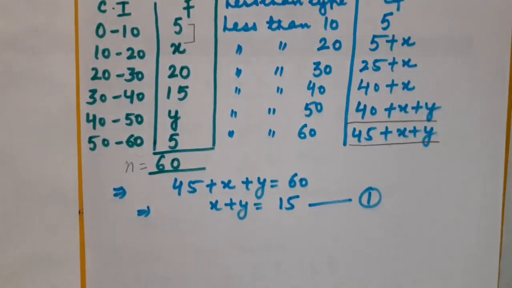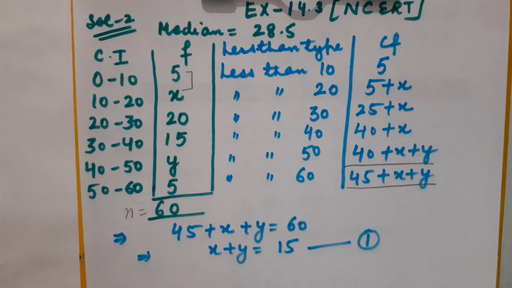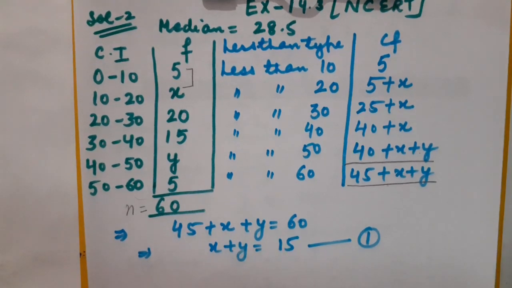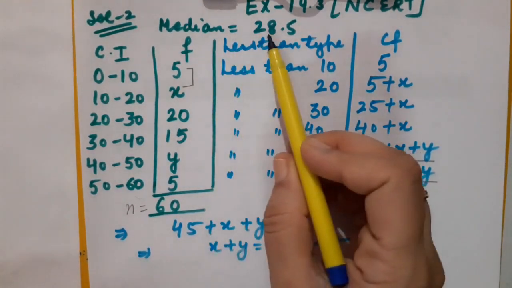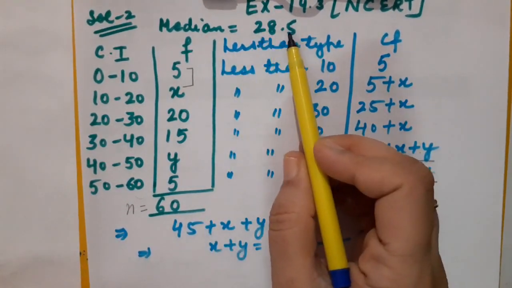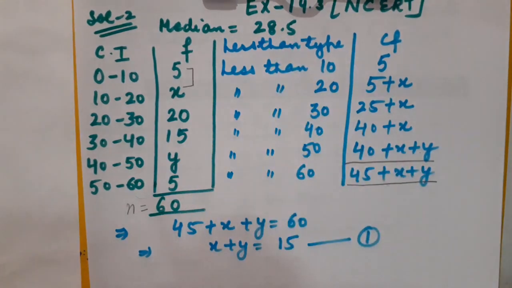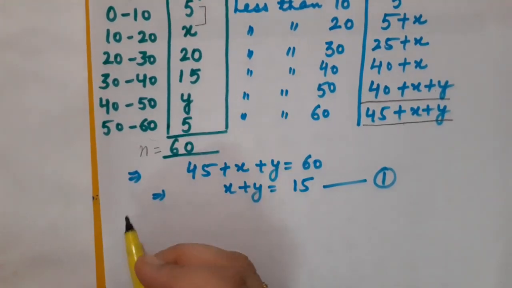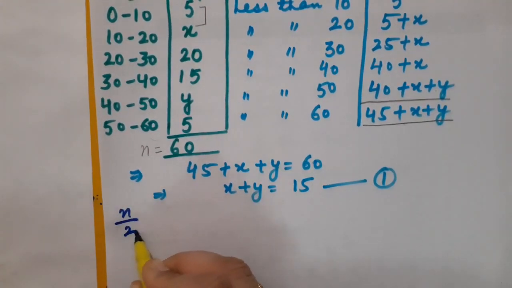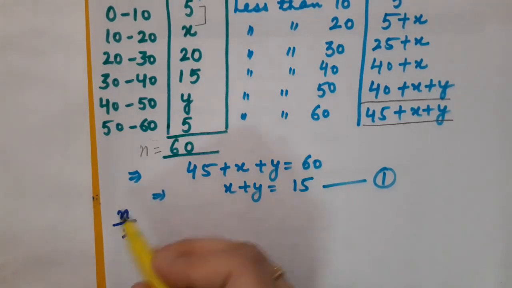Correct? Now children, you know very well that in median the most important thing is median class. How to choose the median class? Please have a look. Median is equal to 28.5 given to us. Otherwise, what method we were going to adopt earlier? When there was no missing frequency, we were just going to calculate n by 2.